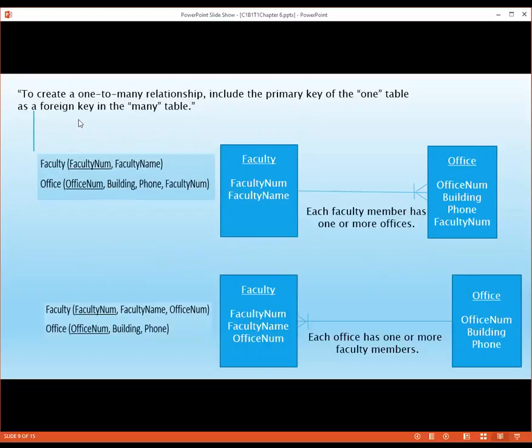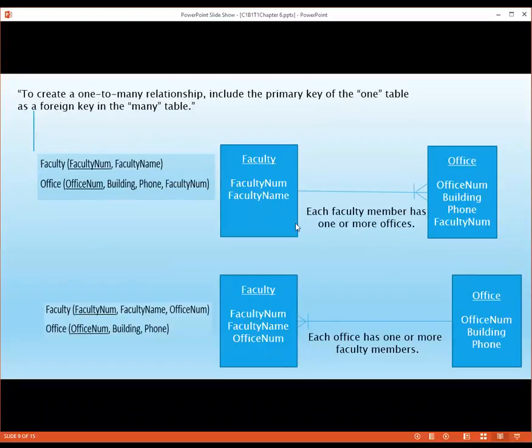Oh, and I should say on page 179 of the text, it does say to create a one-to-many relationship, include the primary key of the 1 table as a foreign key in the many table. So for this situation, this database design, I have a primary key of faculty in the office table.